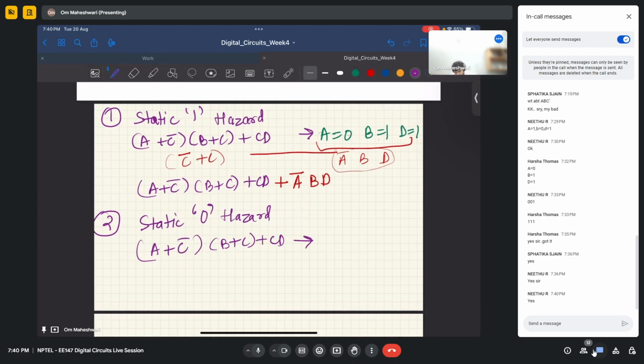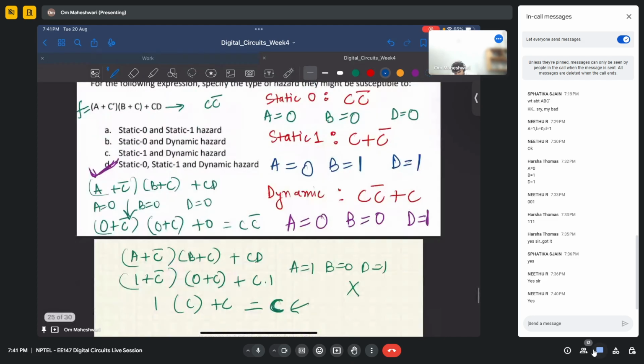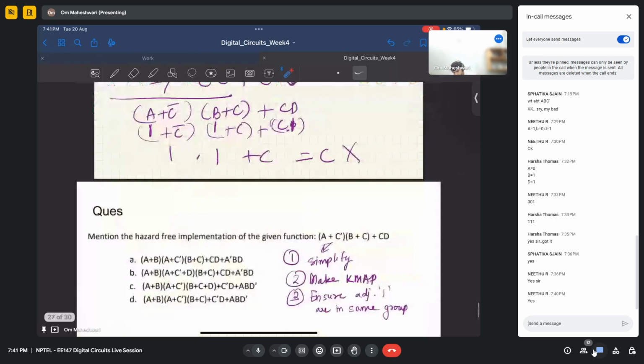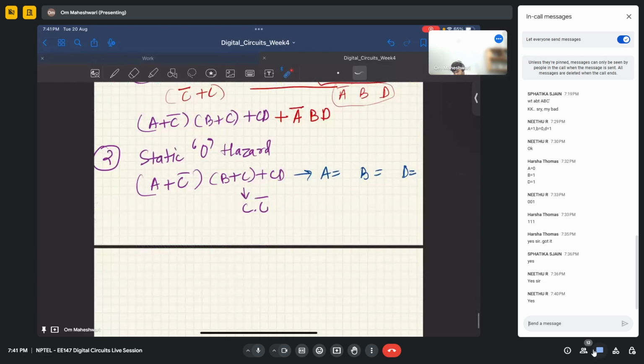This changes to C C bar when, let's say, A equals B equals... what was it? Static 0 was there when A0, B0 and D0.